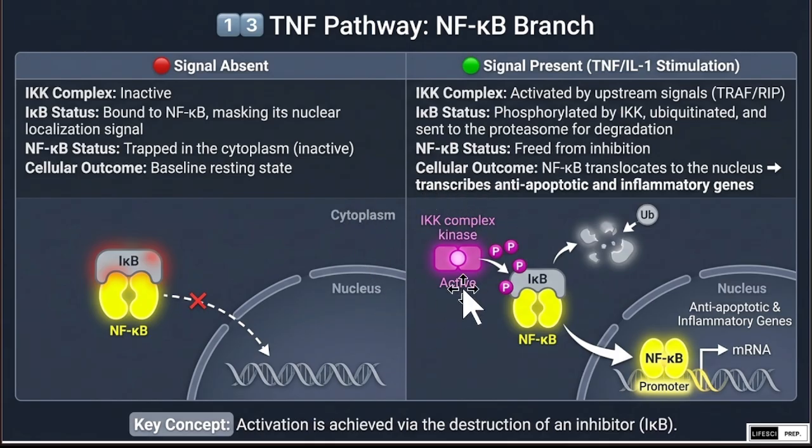The IkB kinase phosphorylates inhibitory IkB so that NF-kB is released and travels to the nucleus to promote the gene expression, or transcribe anti-apoptosis and inflammatory genes.